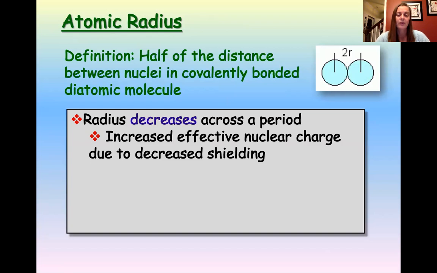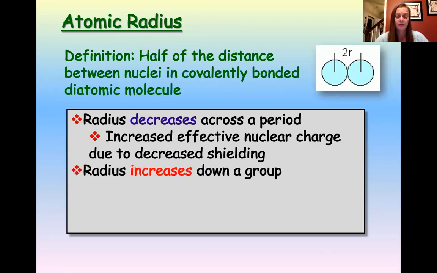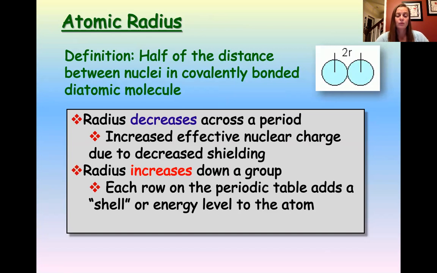And so we have an increased effective nuclear charge. As we go down a group, however, nuclear charge is increasing, but shielding is also increasing. And we're also adding more energy levels. Each row on the periodic table adds a shell or an energy level to the atom, and so radius increases as we move down a group.